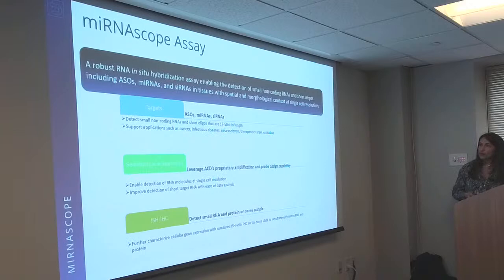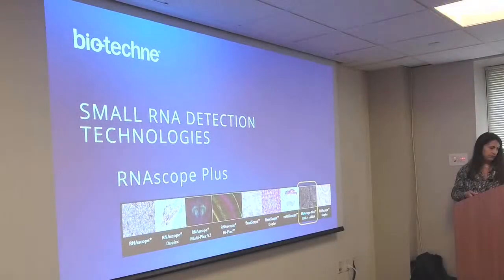So for the microRNA assay, we can look at transcripts that are between 17 to 50 nucleotides in length. You get improved detection of short transcripts, and we can merge together our ISH with IHC.